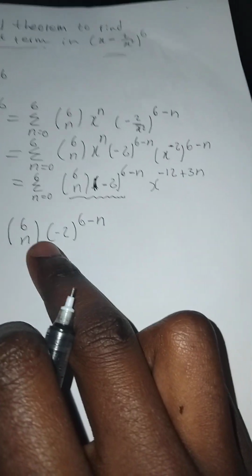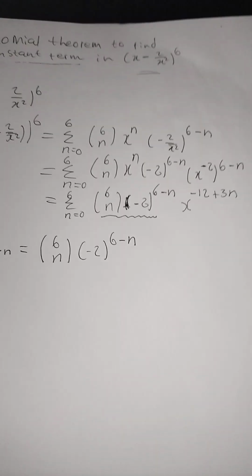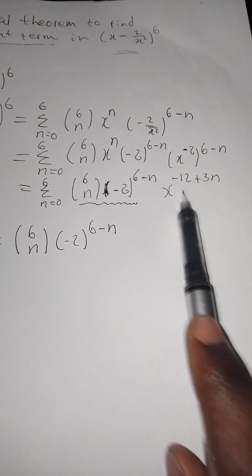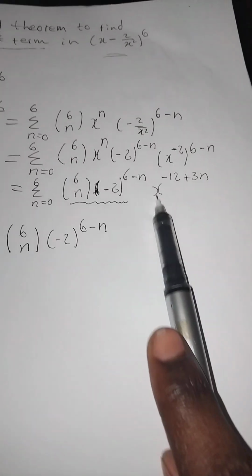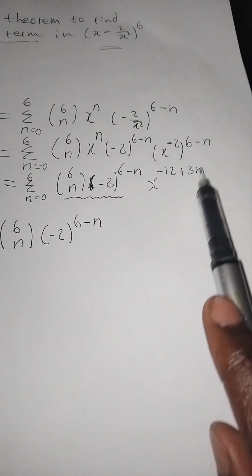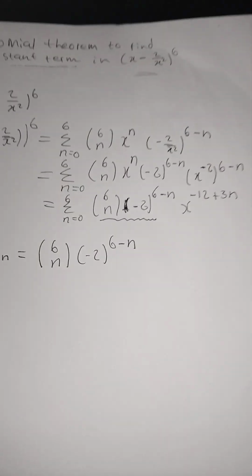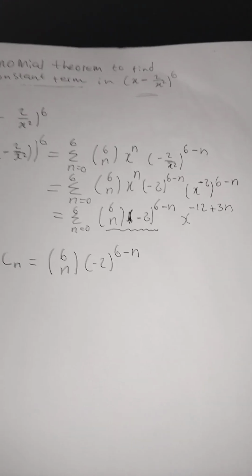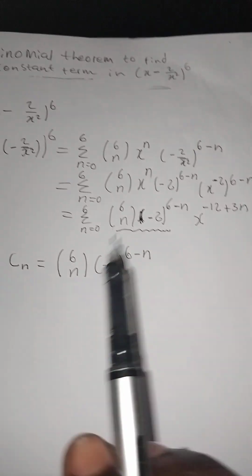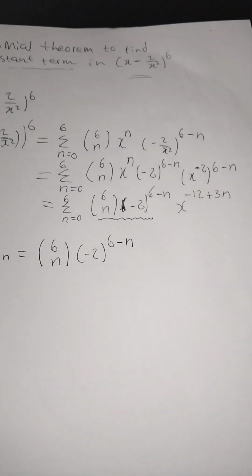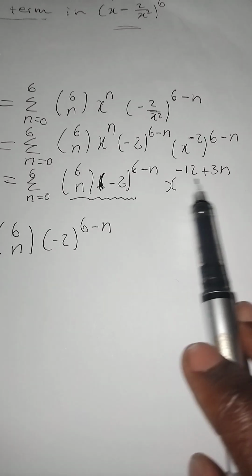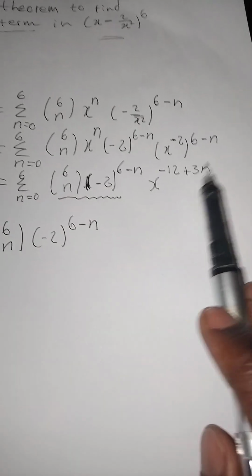So then, in order for us to find the constant, what must basically happen? What must basically happen is that we don't want to have a variable. So in order for us to not have this variable, what must be the value of n there? That is how you should ask yourself, what must be the value of n? Because we want to expand the thing, but now we don't know what n is supposed to be. So if n here is 4, notice that 3 by 4 is 12.